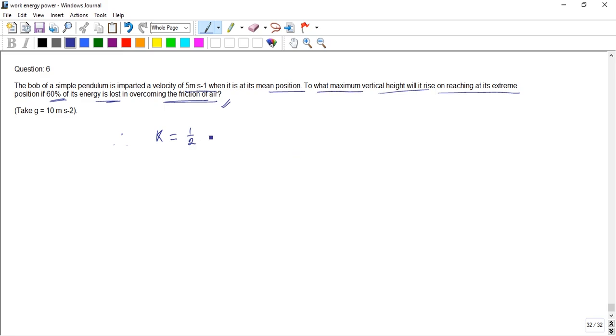So the kinetic energy is half m v squared, m isn't given here, and we know v is 5 squared. Okay, so 60% of the energy is lost. To get 40% of that, 40% of that is converted into potential energy, that is mgh.